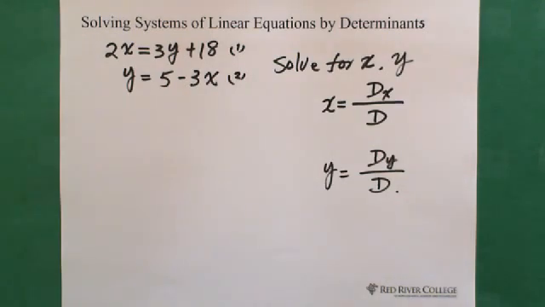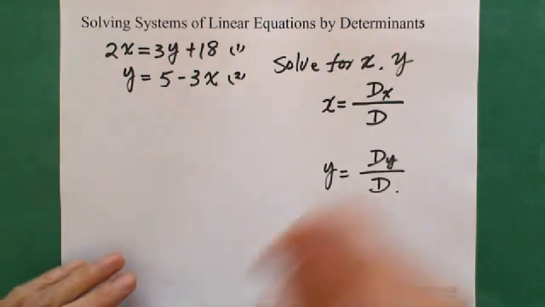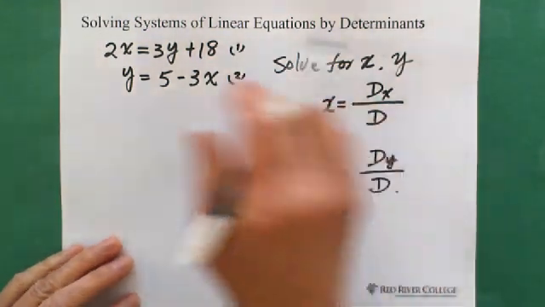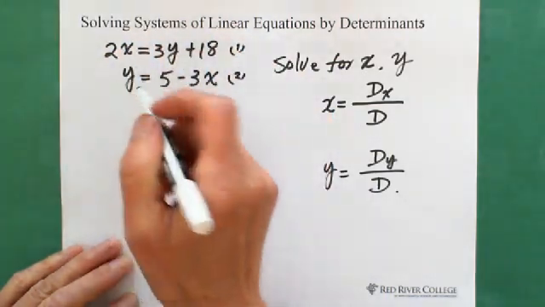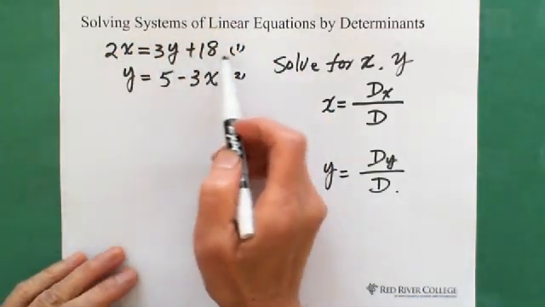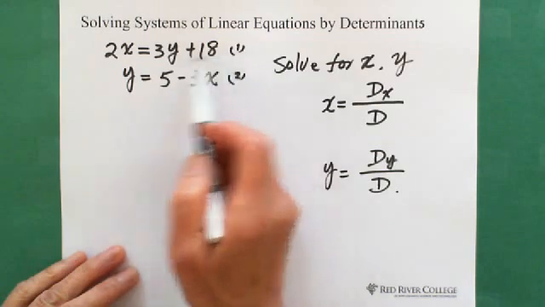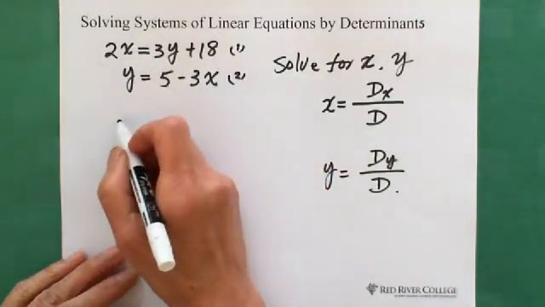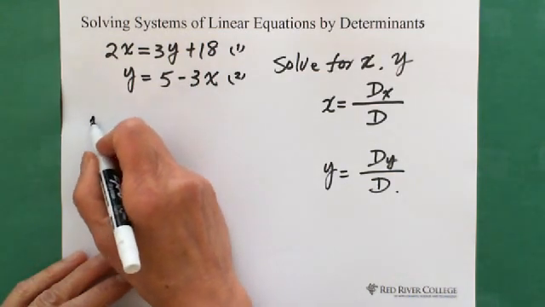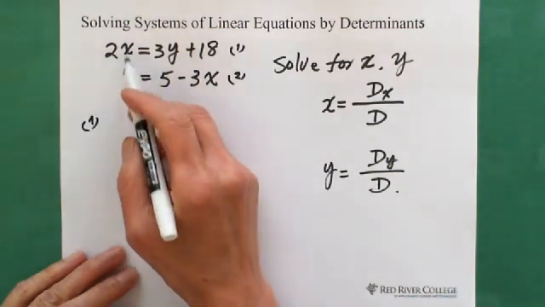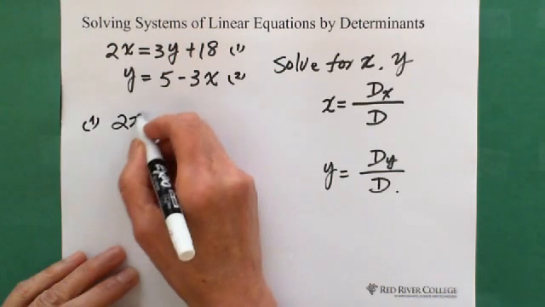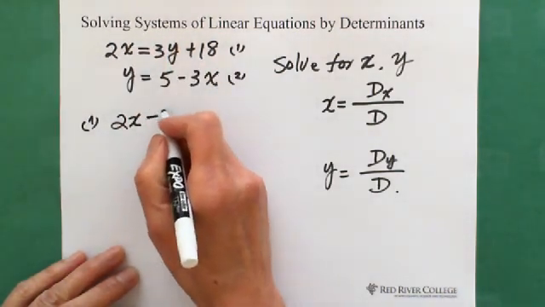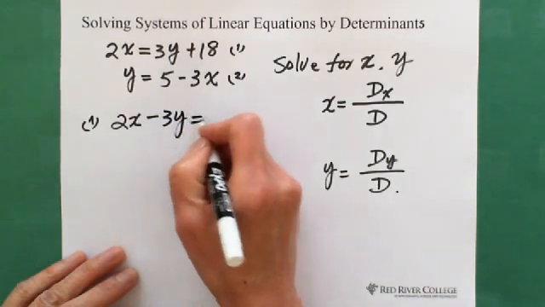For the determinant, we need to change these equations. This equation is not standard. The standard form should go this way. We put the x first, which is 2x, then the y second, moving 3y to the left side, minus 3y, and equal 18.